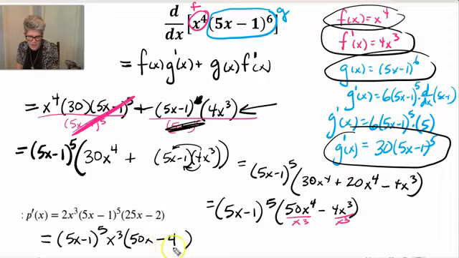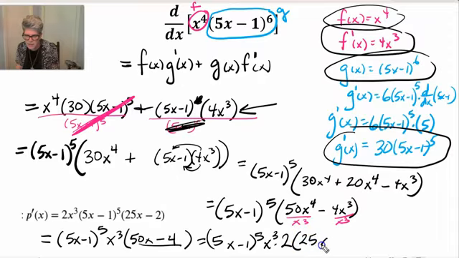And then 50 and 4 have a 2 in common. So I can pull out a 2. And 50x divided by 2 is 25x.